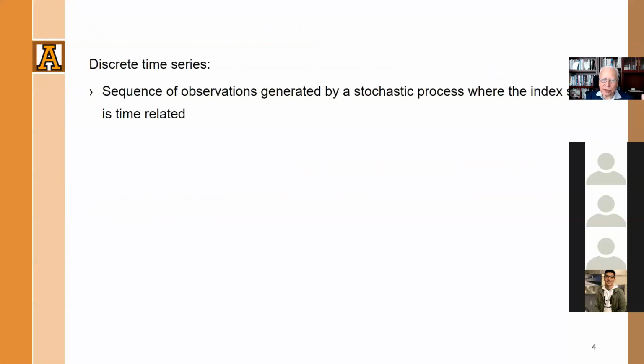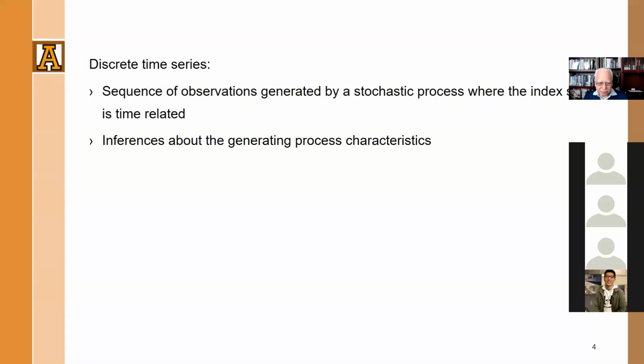But we'll be dealing here with time series. That is, when the observations generated by that stochastic process are related to time. So we observe data at different periods of time, and we will be making inferences. We said earlier that the purpose of statistical inference is to make inferences about a population. Well, here we will be making inferences about the stochastic process, about the characteristics that correspond to the stochastic process that generated a particular series.